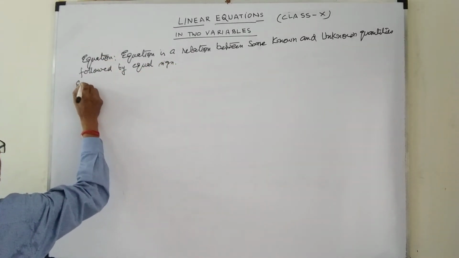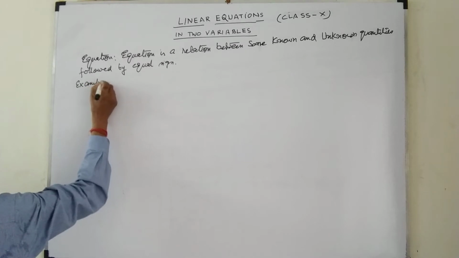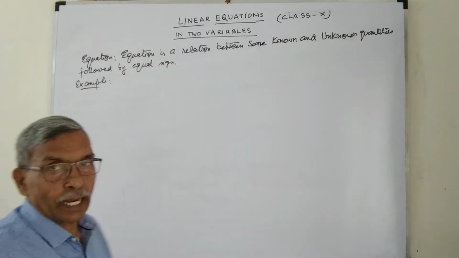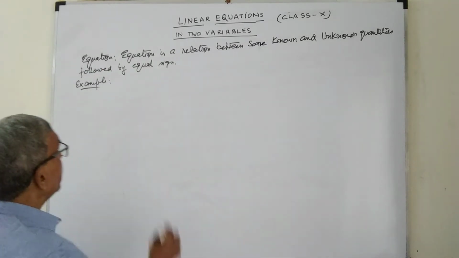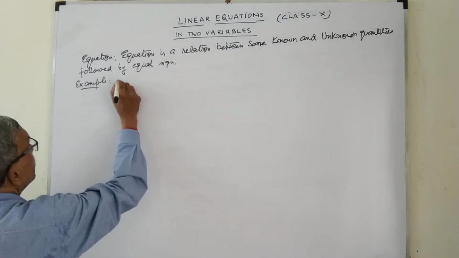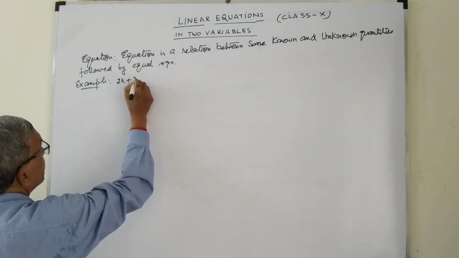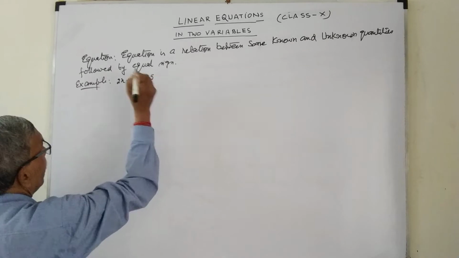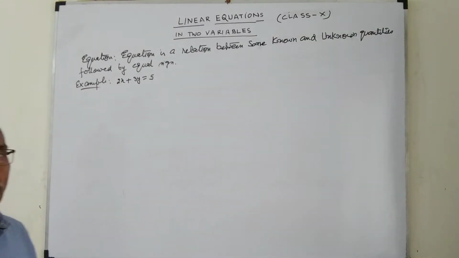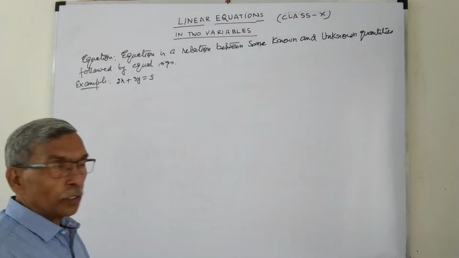So let us take one example. Suppose 2x plus 3y is equal to 5. So this is the equation of linear equation.